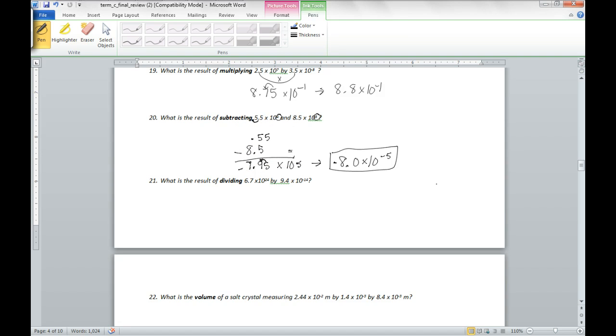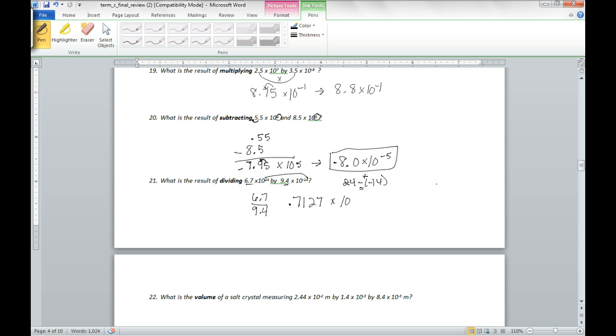Now when dividing, you can go ahead and divide these numbers out, and we're going to subtract the exponents. So if we go 6.7 divided by 9.4, that gives me 0.7127 times 10. If we have 24 minus a negative 14, that changes to a plus 14.